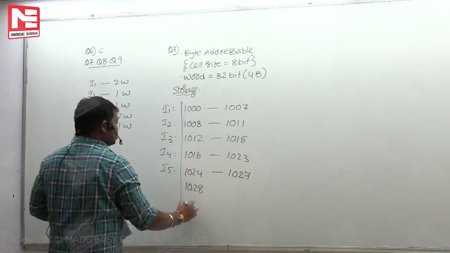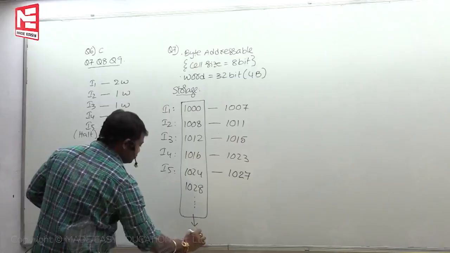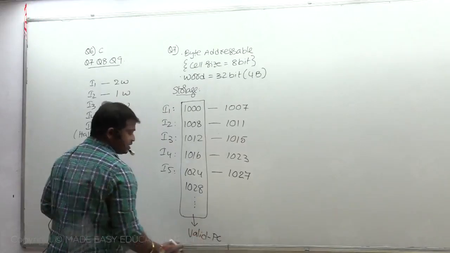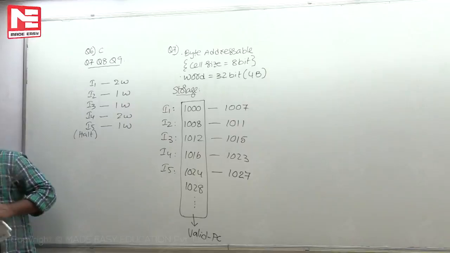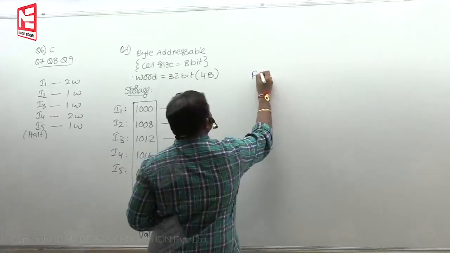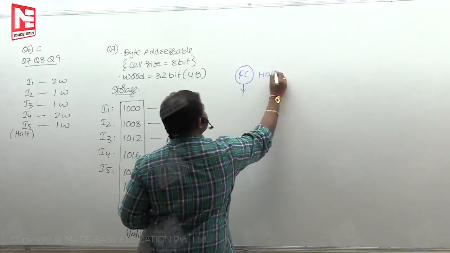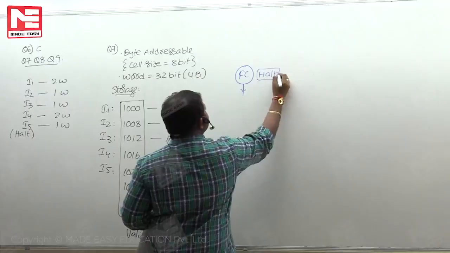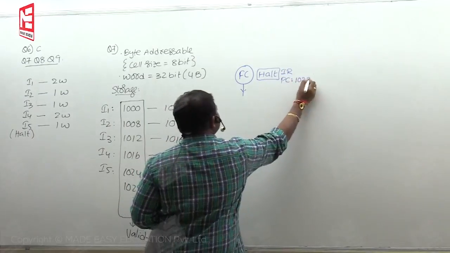So valid program counters are the starting addresses of an instruction. Then what is the question stating? If an interrupt occurs during the execution of halt. See this: fetch cycle, the halt instruction enters the CPU. The program counter increments to the sequential address 1028.